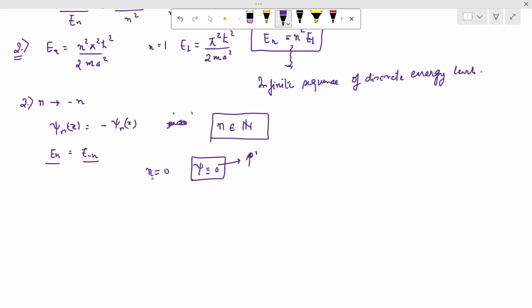Therefore, for this bound state, for this particular toy model, we will consider the wave function as root over 2 upon a sine n pi x over a, such that n belongs to the set of natural numbers, not even 0. We'll see that particular case also in a little more detail.